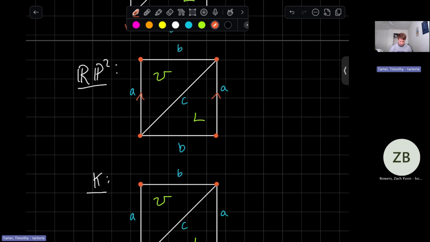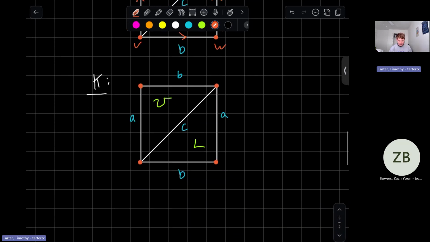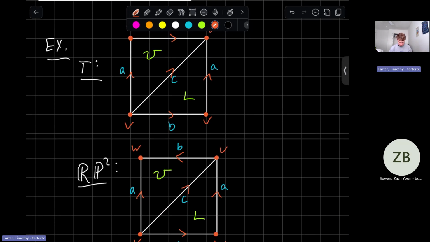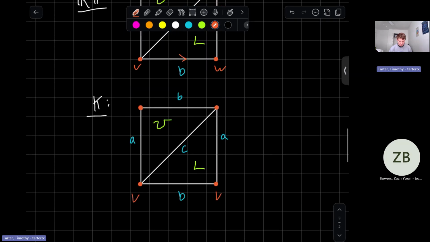Both of the A's stay the same, but then we switch the orientation here and get V, W, W, V. And then here in the Klein bottle, we have V, V, and the diagonal is straightforward. V, V, V, V, and then just a slight change going on. So this is nice, this is nice, this is nice, this is nice, this is not nice.